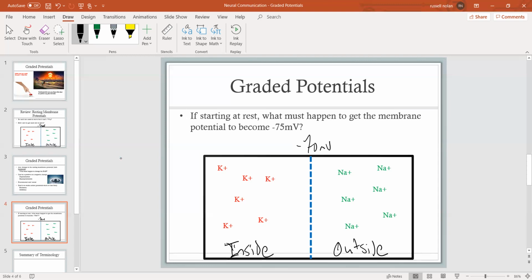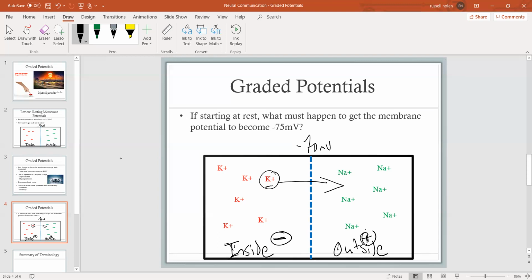Let's start with potassium. Potassium ion is positive. If we move 1 positive out, what does that mean? Well, we know from the membrane potential and from video 1 that the inside of the cell is already more negative.